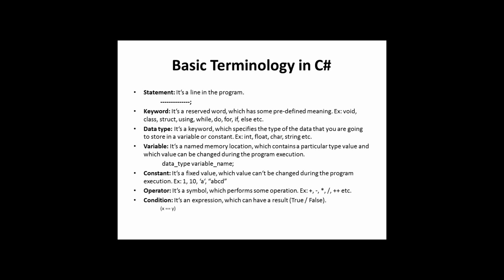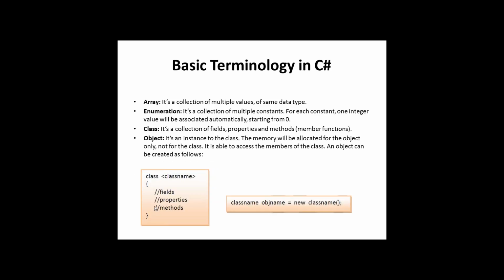And conditions, you have true or false conditions. An array is nothing but a collection of values having the same data type, like a collection of variables of the same data type. Whereas an enumeration is a collection of constants.